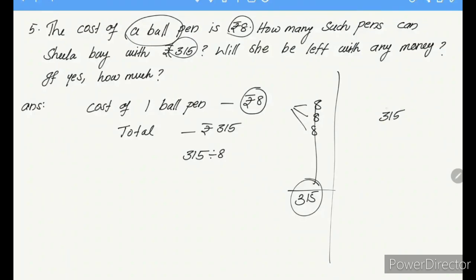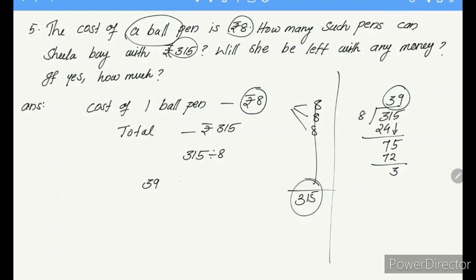So 315 divided by 8. 8 into which number? Yes, we can take 3. 3 into 8, 24. And while subtracting, we will get 7. 11 minus 4, 7. Now write this 5 here. And in 75, what is 8 into 9? 72. And remainder 3. And we can write 39 pens she can buy.